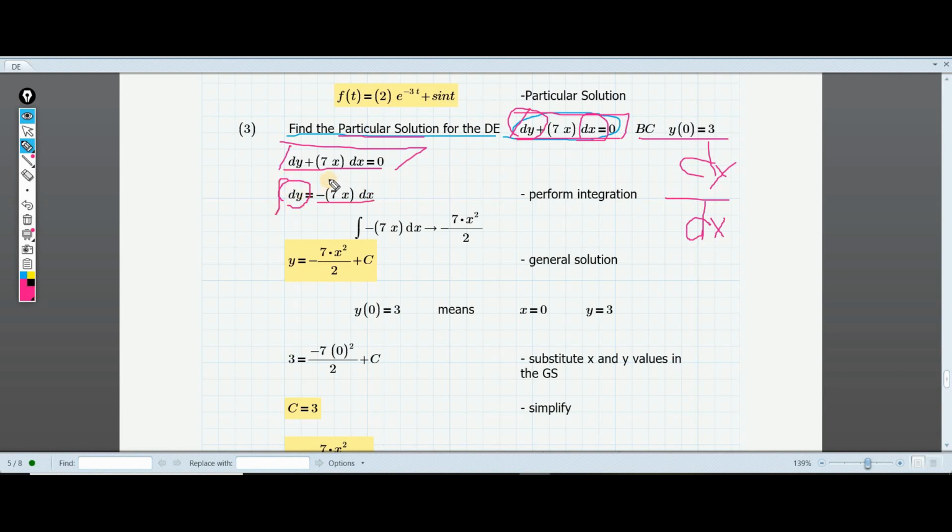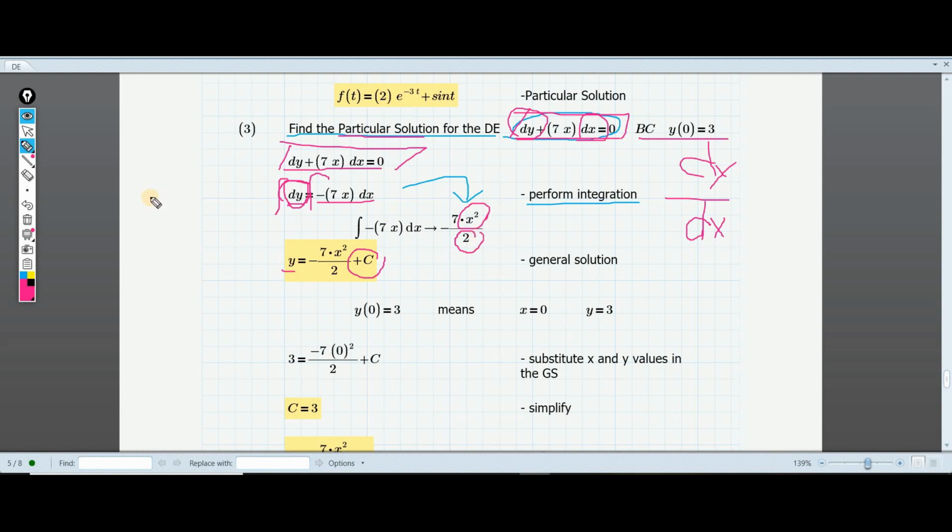So, we have here the integral sign. Our program has already solved it, this is the answer. We perform integration, and always, don't forget your plus C. Your dy here, when integrated, becomes y. And for our 7x dx, we just take out the 7. Our x dx is x squared over 2.